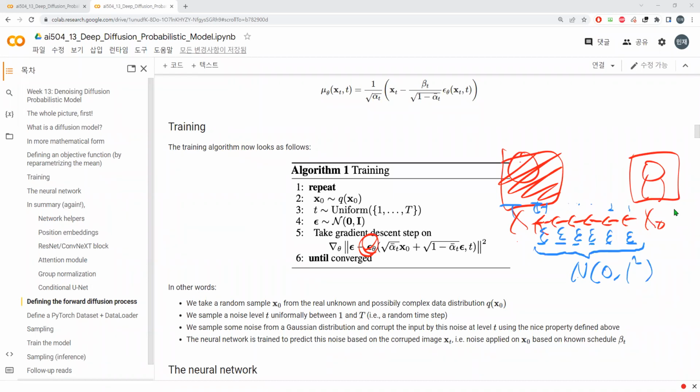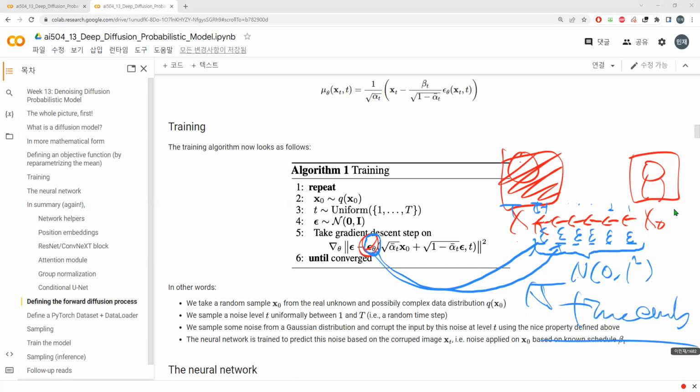And the objective of this epsilon theta is predicting each epsilon. And how does the model know each time step? How does the model know the difference between time steps? As I already said, by time embedding. Clear?